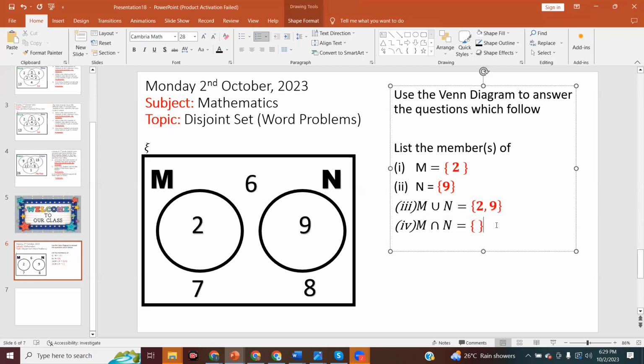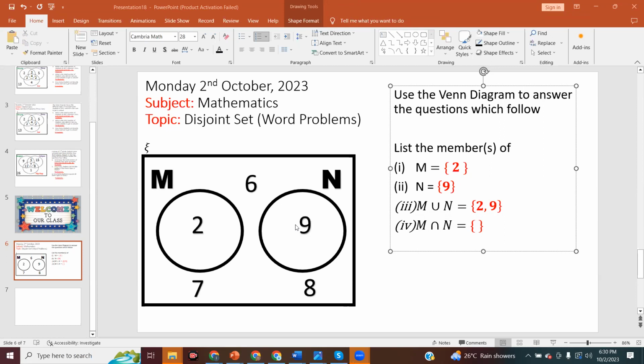Okay, so how many persons got that right? Empty set for the intersection. Very good. It has to be null because there isn't any intersection.